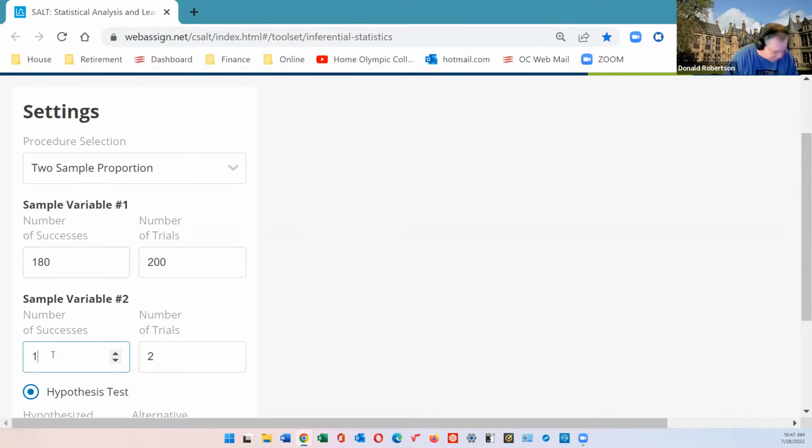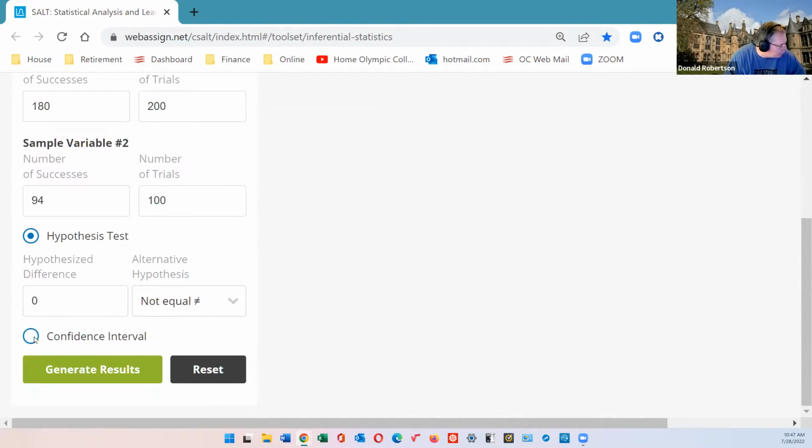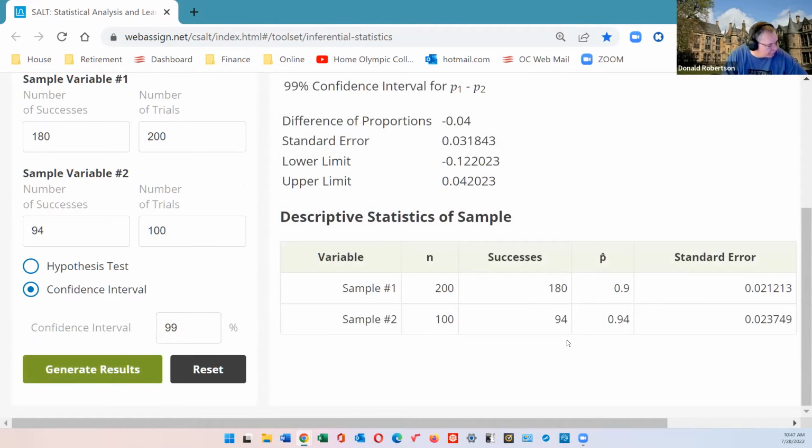And the second one is going to be those who got the new treatment. So that's going to be 94 out of 100. And then I'm going to do a confidence interval. And we decided that since this is really very important, I'll do a 99. And all I need to do now is hit generate results.